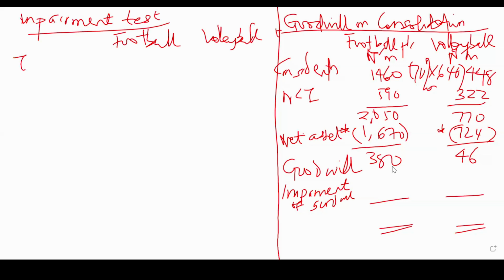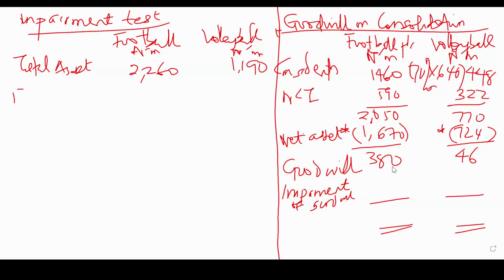Now their total assets, according to the question, what's their total asset there? Okay. Football is 2260. And then Volleyball is 1190. All right. Now, both of them have fair value adjustment.